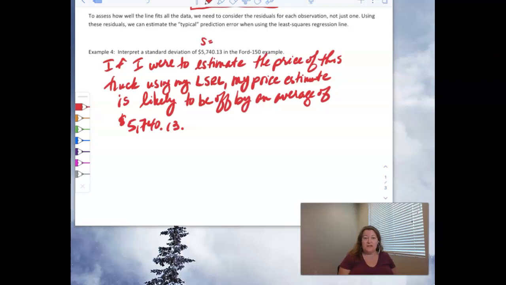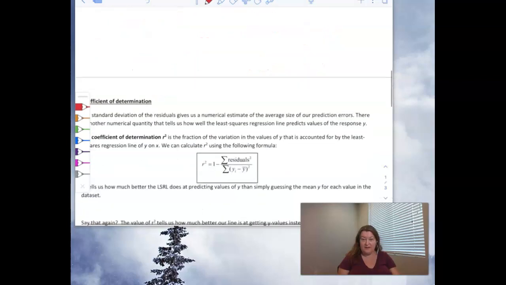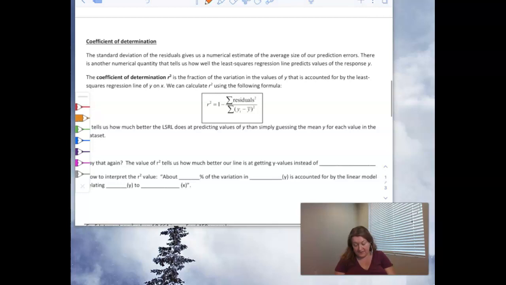All right, so let's go on and talk about this other R that's been floating around. We've had R for correlation. We knew what that one was, right? So I'm going to write that up at the top here. R is equal to correlation. And some old-fashioned books will call it the correlation coefficient.